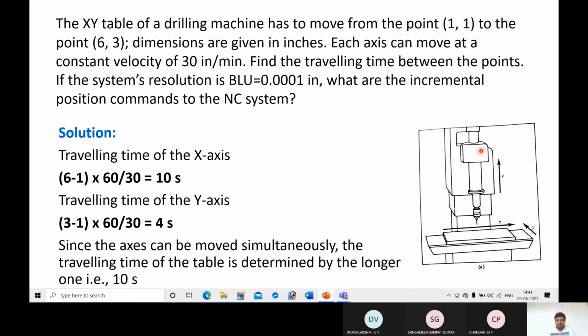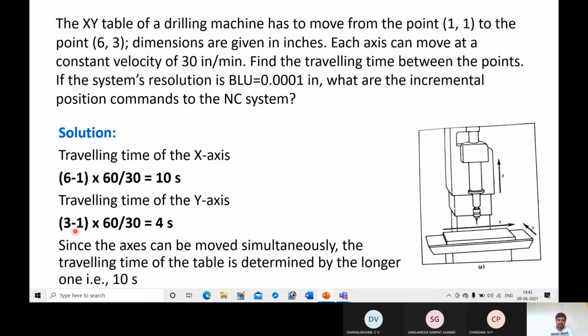So you have to find out the incremental position. That means if you are preparing a part program manually, what should be the value? Along the x-axis, you should achieve movement of 5 inches.